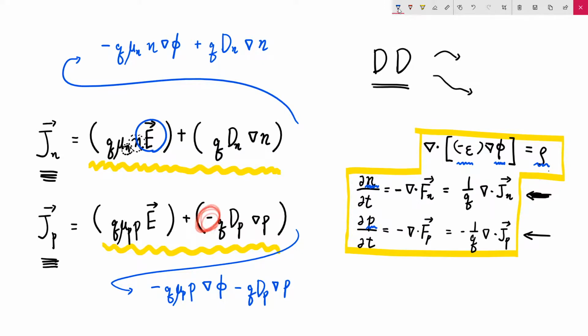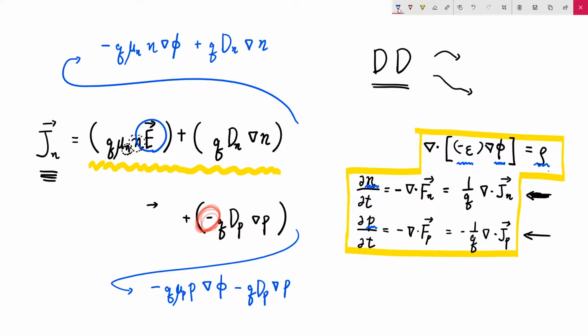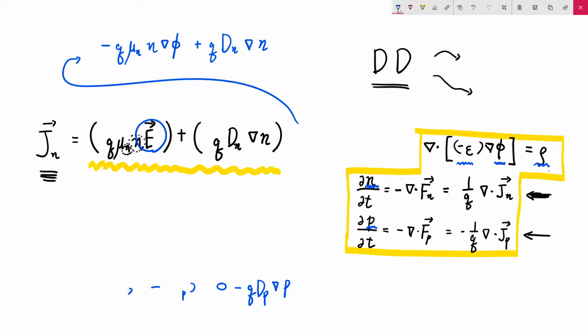Okay. Then let's go to this form once again. Now let me concentrate on the electron current density, and hole current density can be treated in a similar way.